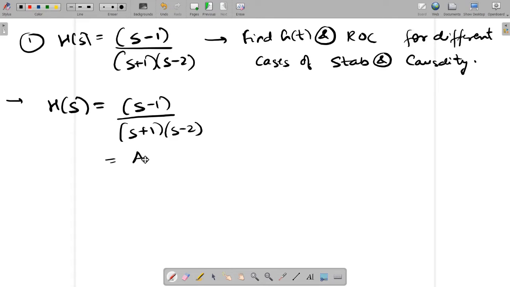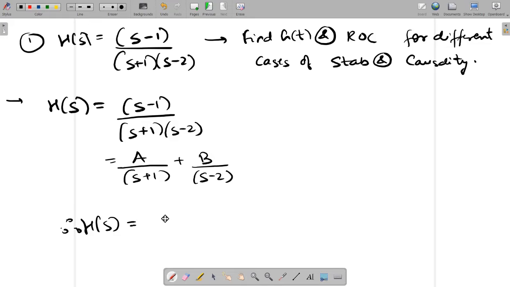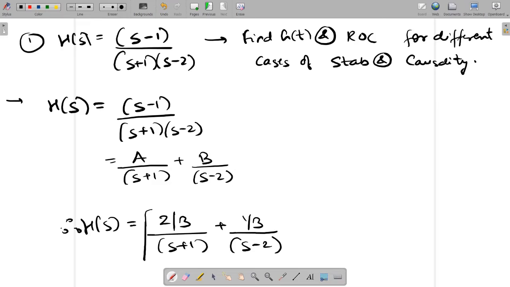Let's take the partial fractions. S plus 1. So the a and b values are, therefore h of s is equal to (2 by 3) upon (s plus 1) plus (1 by 3) upon (s minus 2). Yeah, that is my h of s.